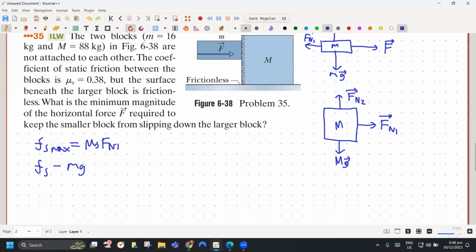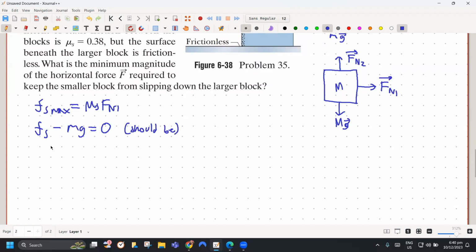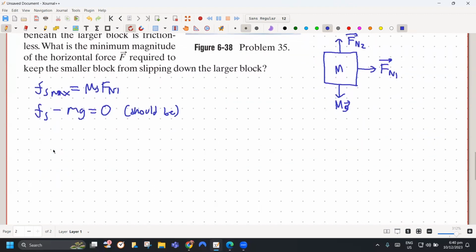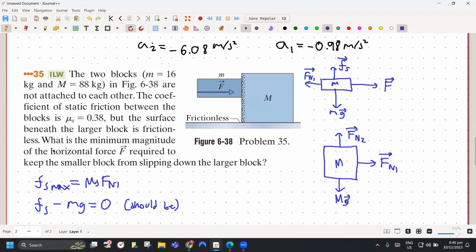Okay, so we don't know the normal force yet. If the friction is static, F_s should be equal to mg, but we haven't found F_N1 yet.